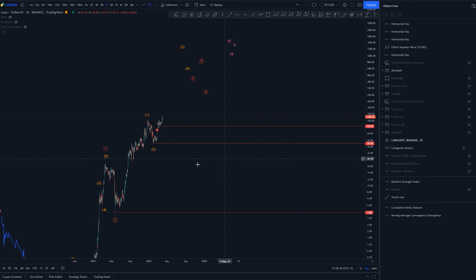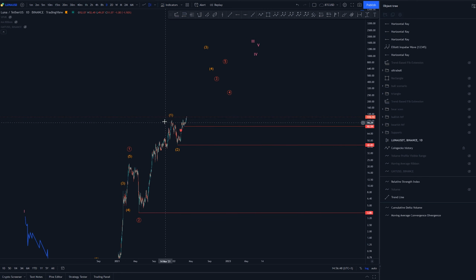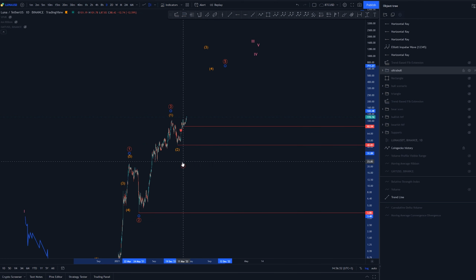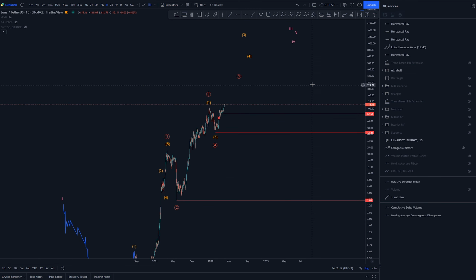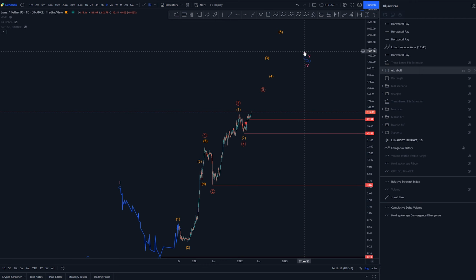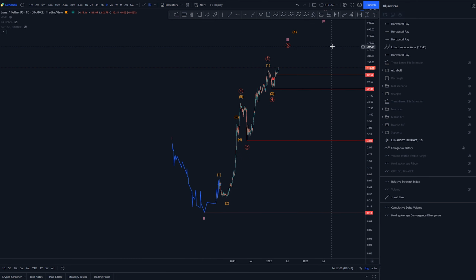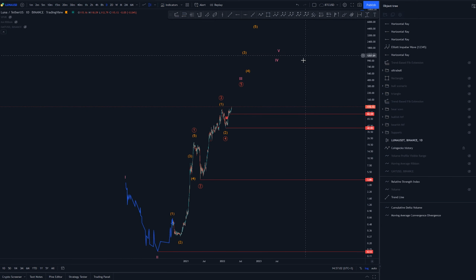And again, most likely, if this is not the case, if this gets triggered, we can assume that this is the fourth and fifth, like so, giving us the third of cycle before a correction down, before the last leg up.